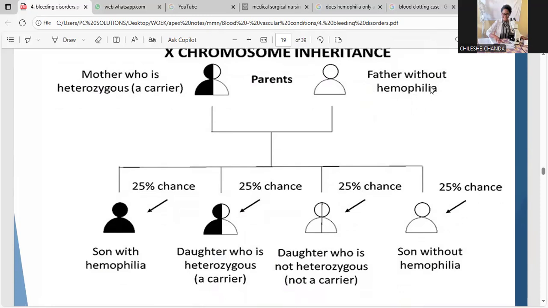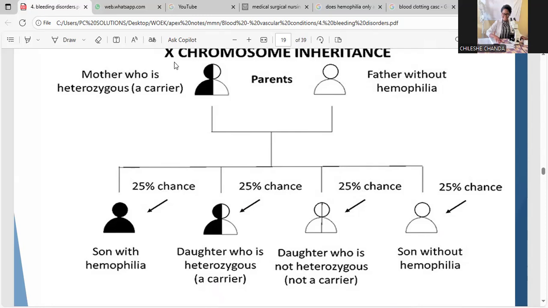Since this is a recessive condition, not a dominant condition, it will be on one X chromosome. So in a woman who has two X chromosomes, one X chromosome will be normal and the other X chromosome will have the hemophilia A.